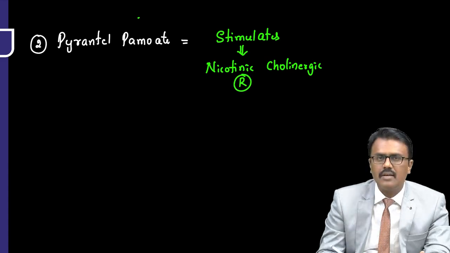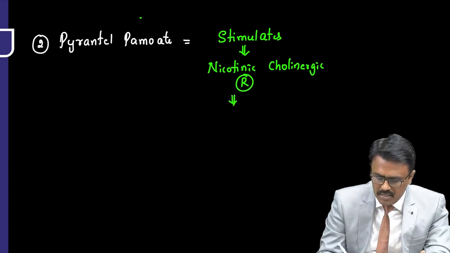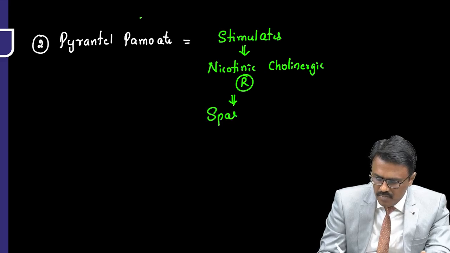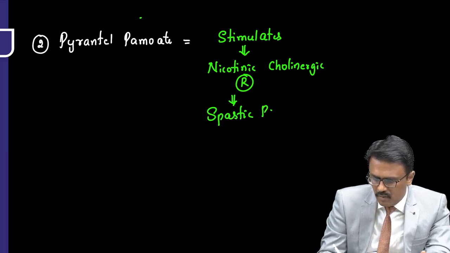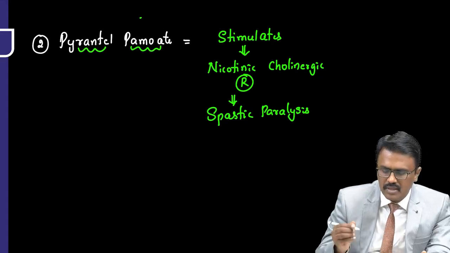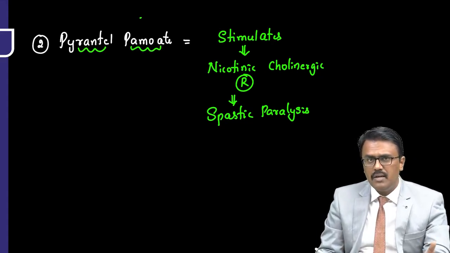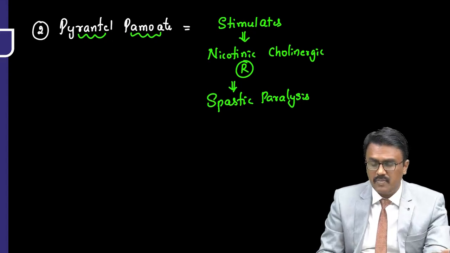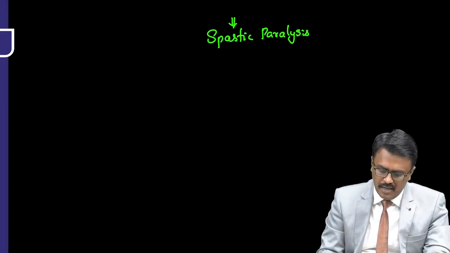That will lead to spastic paralysis. Obviously when there is spastic paralysis, the worms cannot hold on and they are expelled out. It stimulates nicotinic cholinergic receptors repeatedly and there is spastic paralysis.